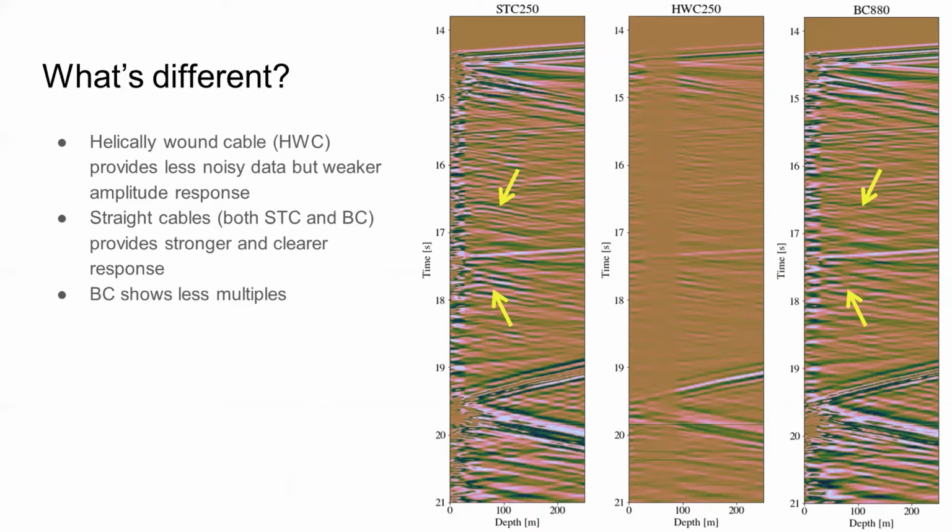The straight cables, STC 250 and BC, where the numbers represent the depth of the well, provide stronger and clearer response. Somewhere over here is the tube wave, and this is the multiple wave, where the BC shows less multiples.